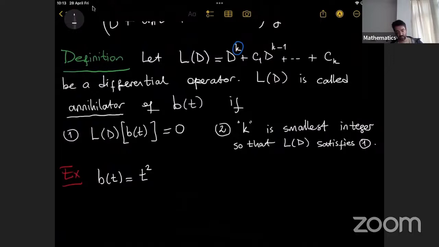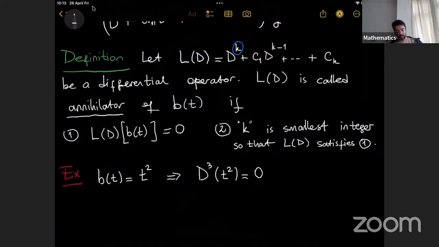So if you differentiate this 3 times, you will get 0. And 3 is the smallest such order, right? Because 2 is not enough. If you differentiate twice, you don't get 0, you get 2.